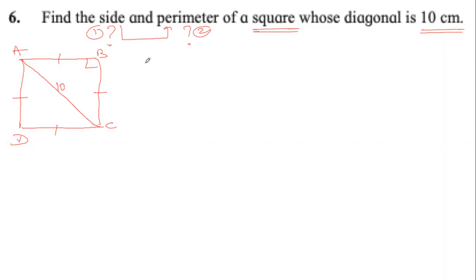Now, if you look at triangle ABC, it is not just any triangle. First of all, it is a right angled triangle. Second, it is an isosceles triangle.